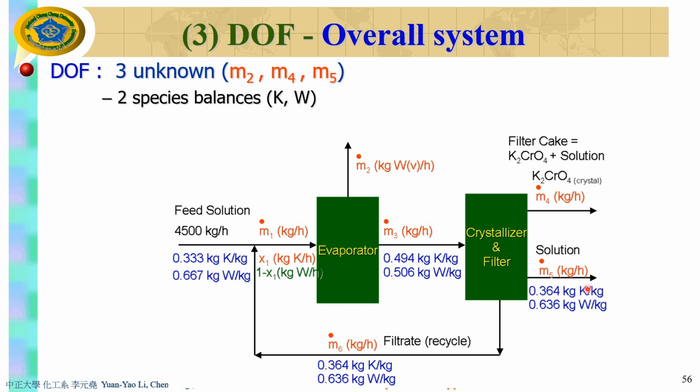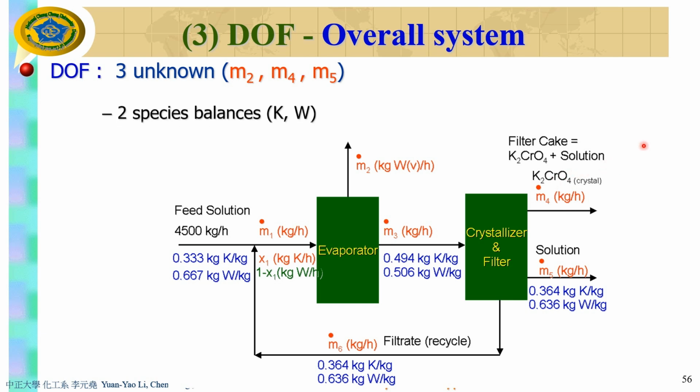And then how many species? Remember, we need to think of how many equations we can have by 4 directions. The first direction is how many species in this system? 2 species, right? Potassium chromate and water.